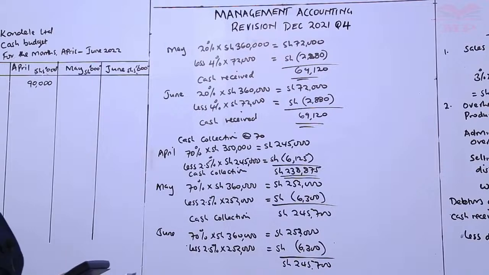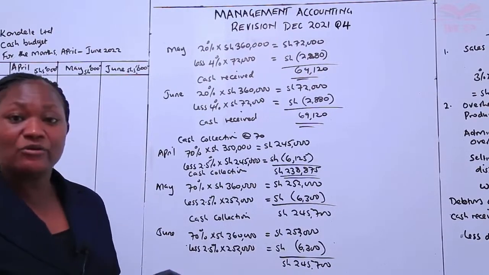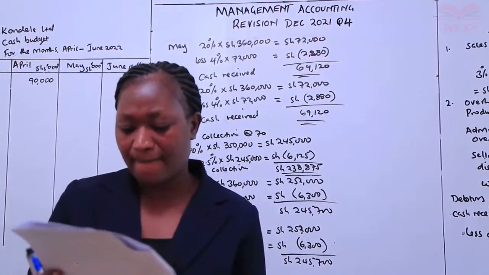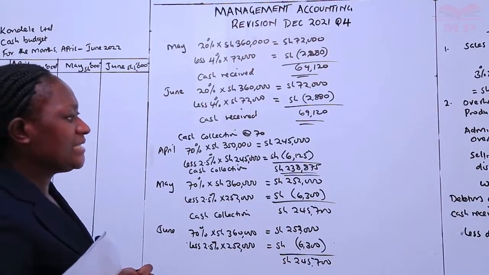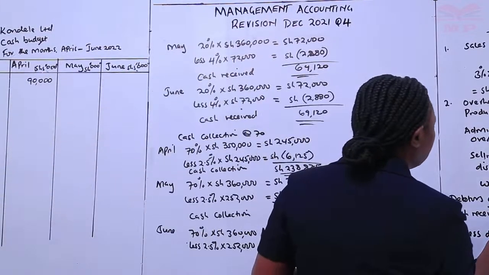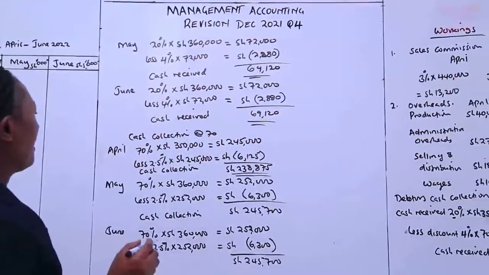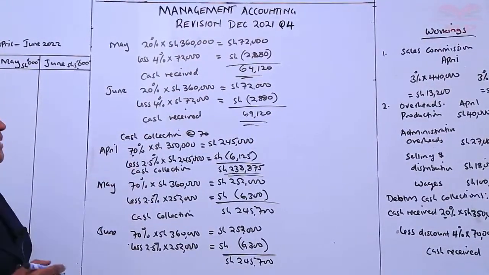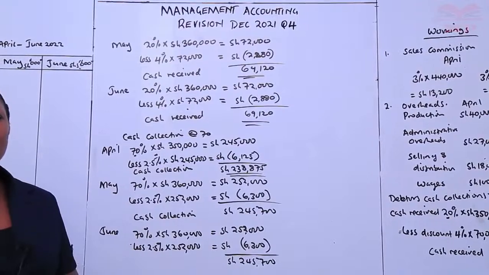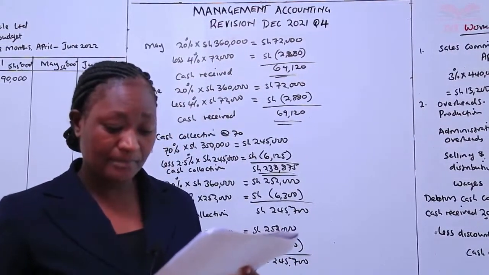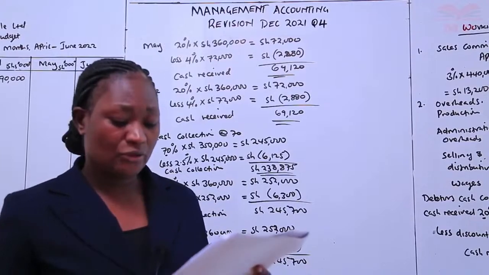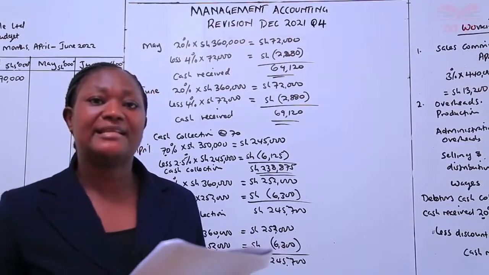And then lastly, we are told in the same note number 8 about the remaining debtors. Remember we had 20% of the debtors, and we have 70%. So it means we still have a balance of 10%. The remaining 10% pay within 2 months without a discount.